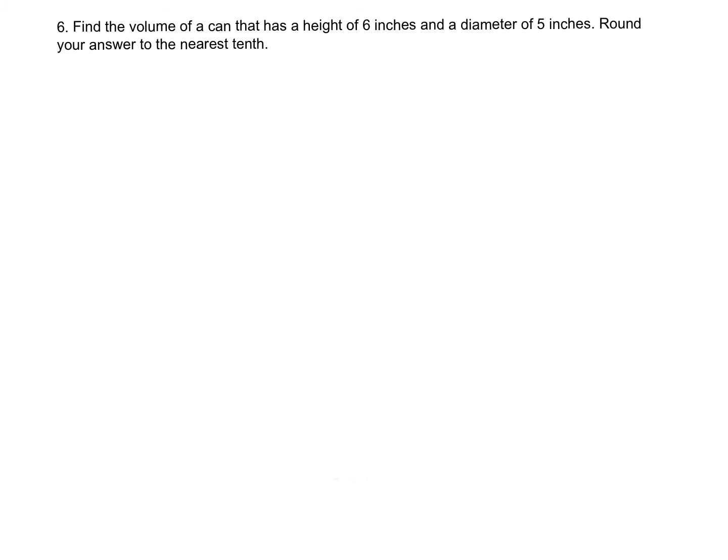Now for my next example, number 6, they're talking about trying to figure out the volume of a can. So maybe you want to sketch out a little picture of this. I know it's going to be a cylinder, and they give me some more information to go with it. They're telling me that my height is 6 inches, the height of the can, and the diameter straight across is 5 inches.